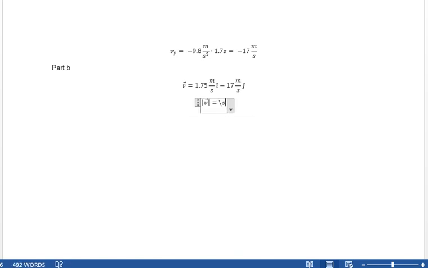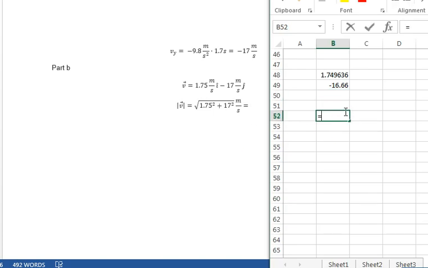So the magnitude of the velocity is the square root of the squares, 1.75 squared plus 17 squared, and that's going to be in meters per second. Square root of 1.75 squared plus 17 squared. 17 still.